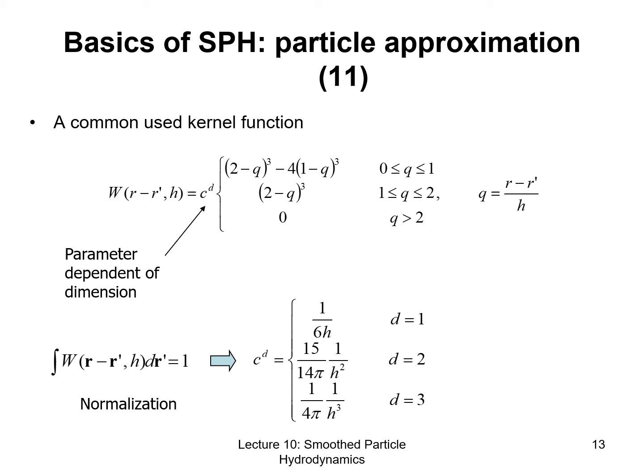Before we do the discretization, we need to choose the exact form of the kernel function. In real cases, people very often choose a piecewise continuous kernel function, especially some kind of Gaussian-like function. A typical one is called the B-spline function.